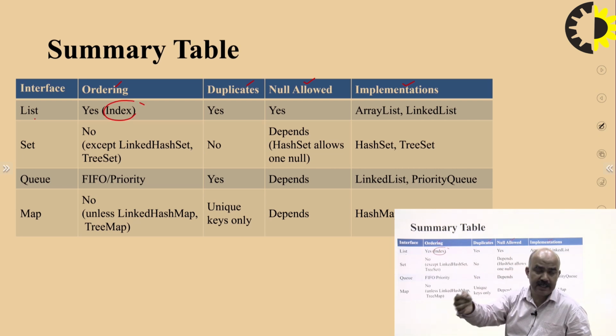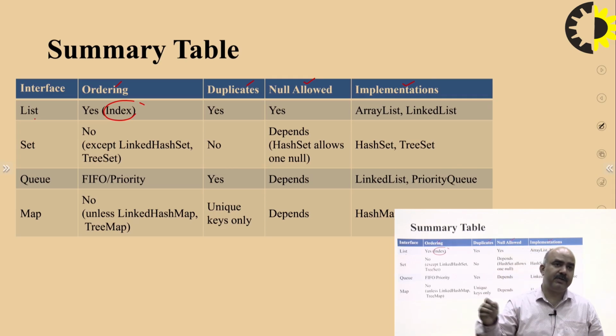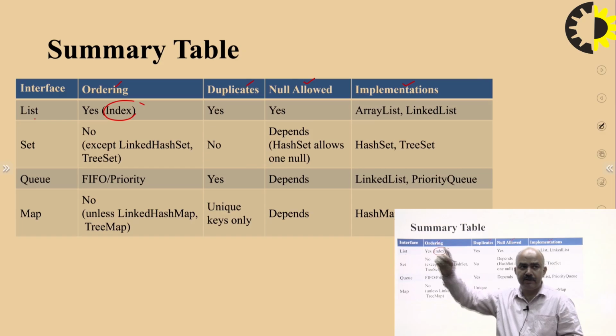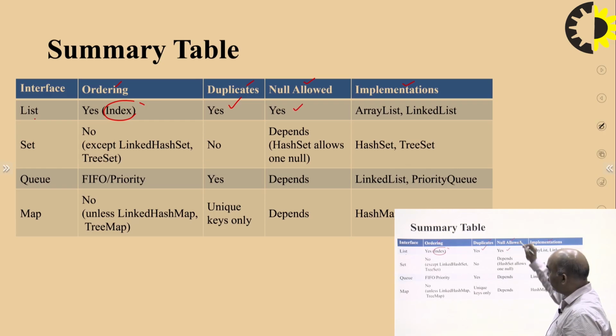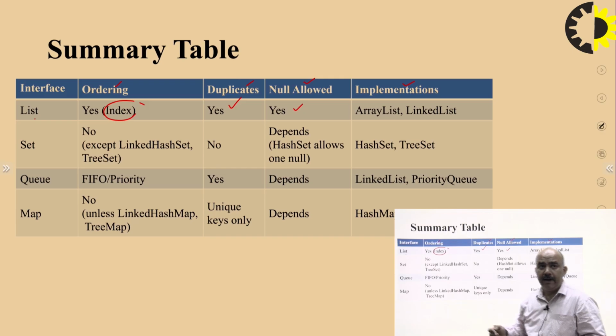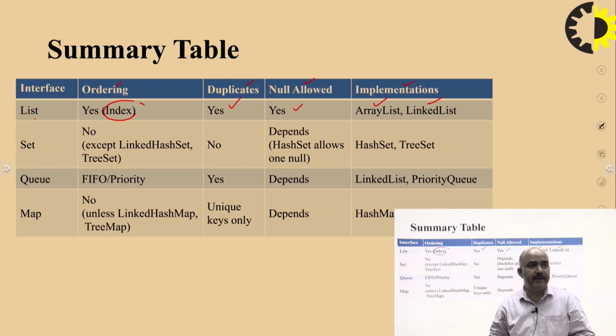As I told you, if we insert elements in an array, it starts from 0 indexing: 0, 1, 2, 3 and so on. Duplicate values can be allowed in this interface, and null values can also be allowed. For implementation, we can use ArrayList, LinkedList, Stack, and Vector.